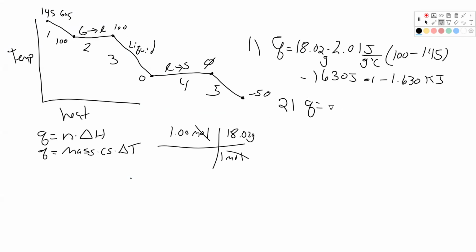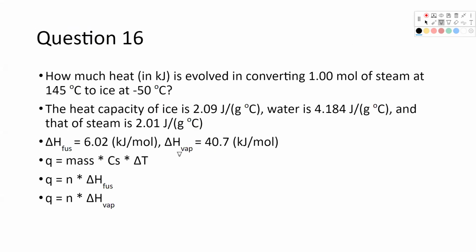Q equals n, which is moles, so we have 1 times delta H. So we're doing condensation here. However, in the problem, I only give you vaporization. Remember, vaporization and condensation are opposite processes, so their delta H's are the same value, just opposite signs.